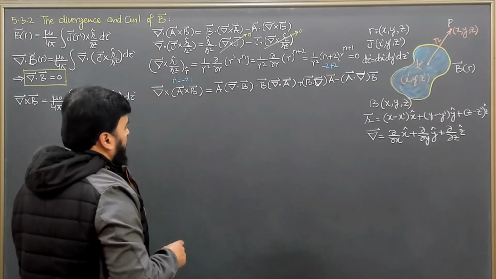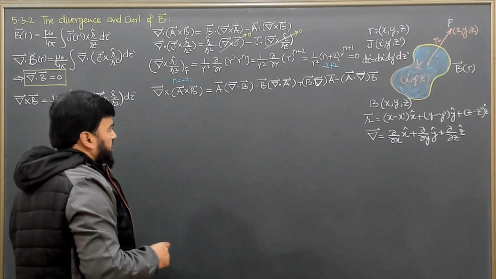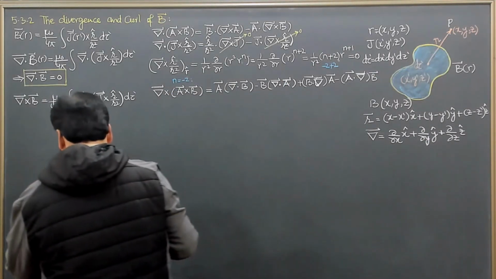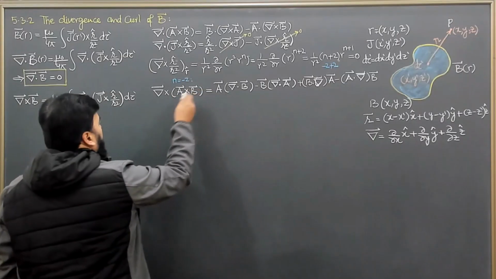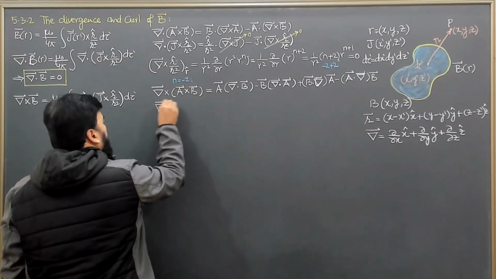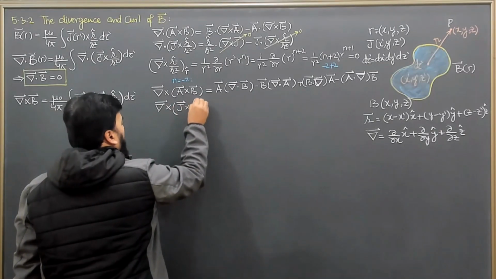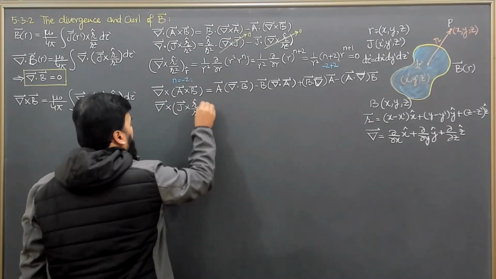Now, let me write this for my vector. Then del cross, and here is J cross R unit vector over R squared.